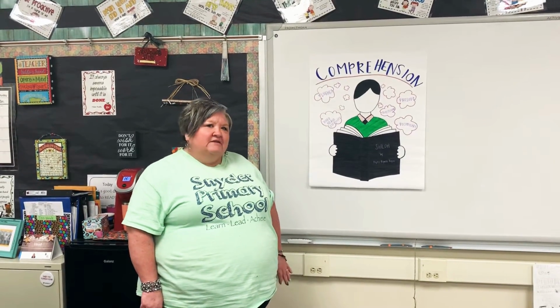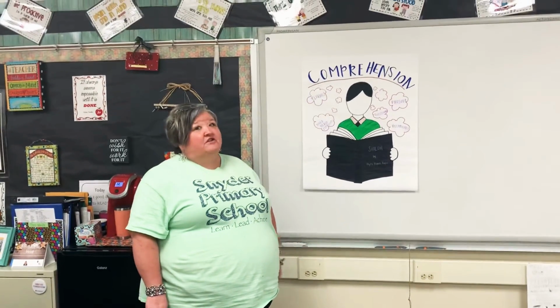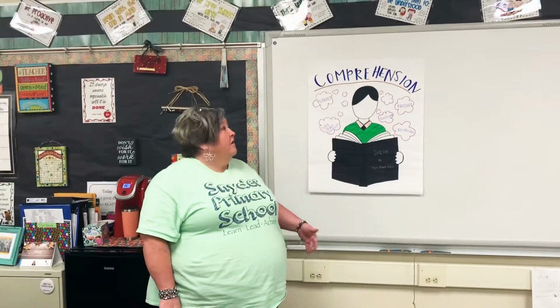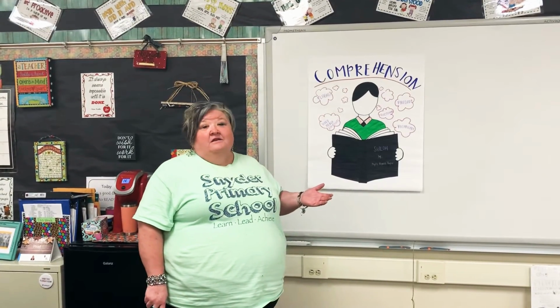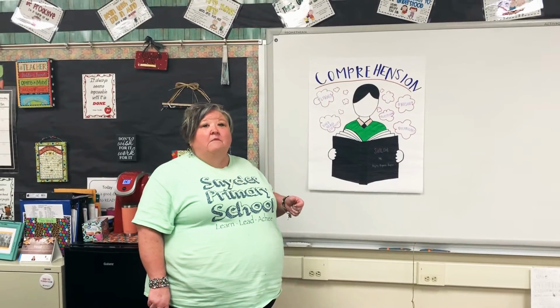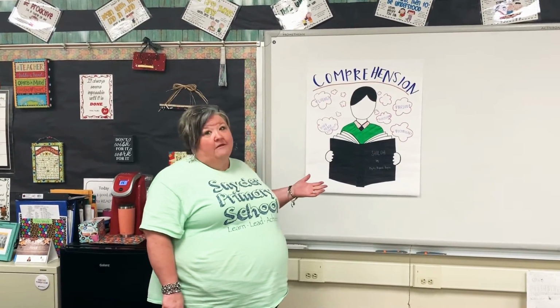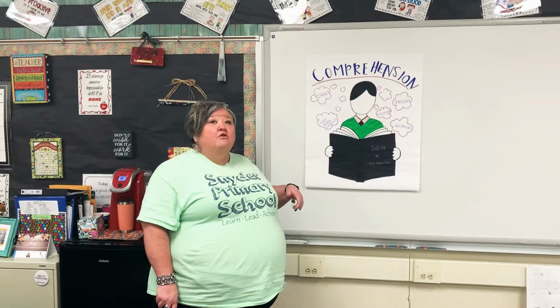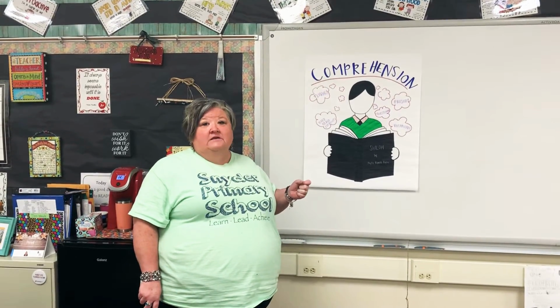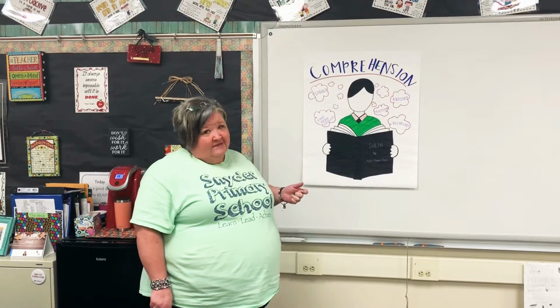But the object of reading really is not just to call words, it is more about understanding or making a connection to that reading. So we're going to go over some things that I think you'll find helpful in helping your student become a more polished and forever reader, because that's our goal.